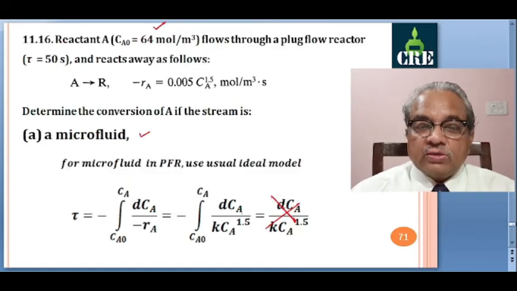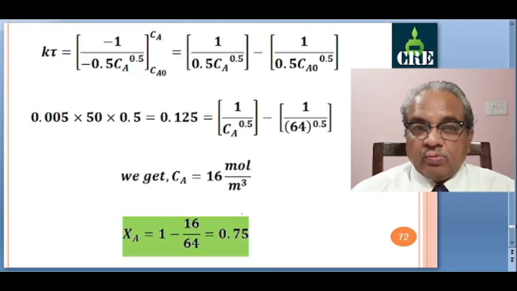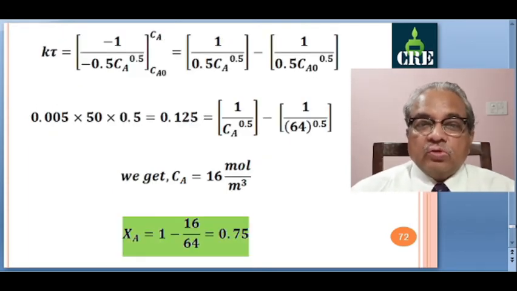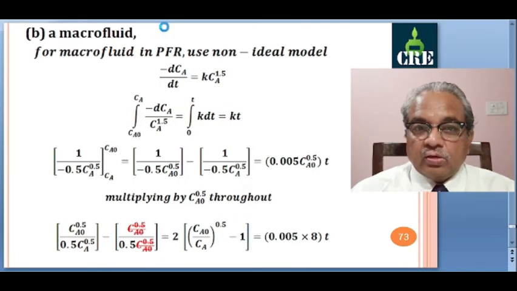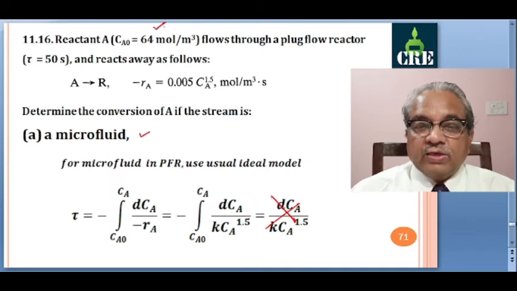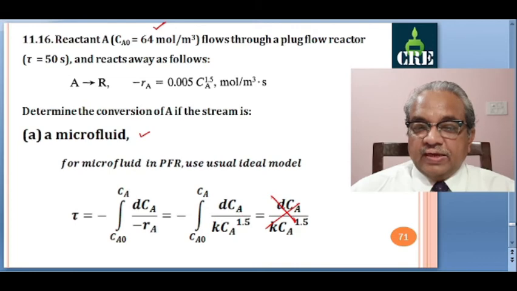If you solve this, the constant k you take outside, k tau, and dCa by Ca raised to 1.5, integrated from Ca0 to Ca, with the minus sign outside, you get minus 1 upon minus 0.5 Ca raised to 0.5, from Ca0 to Ca. This becomes Ca raised to minus 1.5.